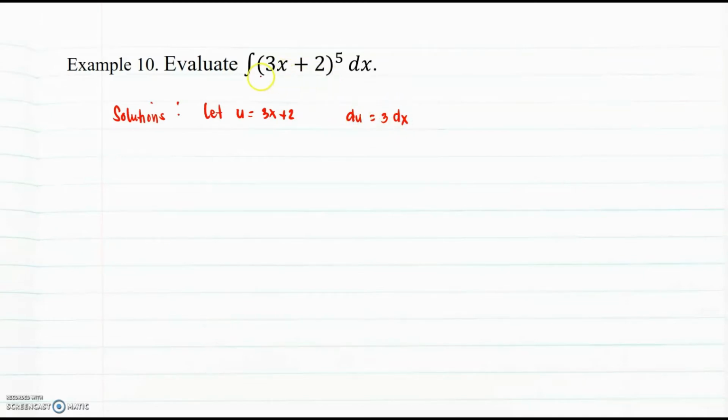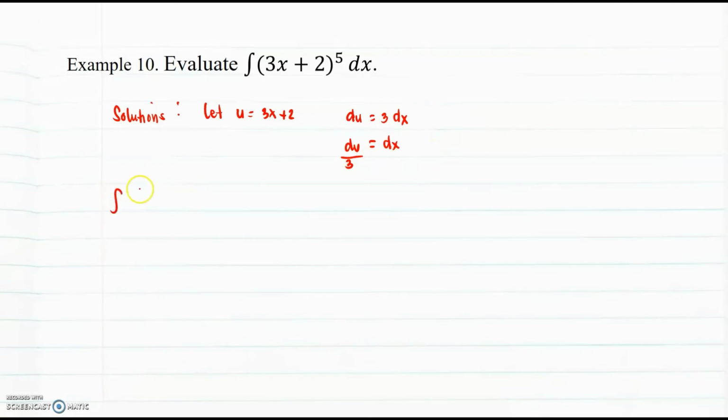And since we can see here that our integrand is not written in the form g of x times g prime of x, then we will solve for dx. Solving for dx using du equals 3 dx, dx is just equal to du over 3. So now we can use the substitutions to solve for the integral.